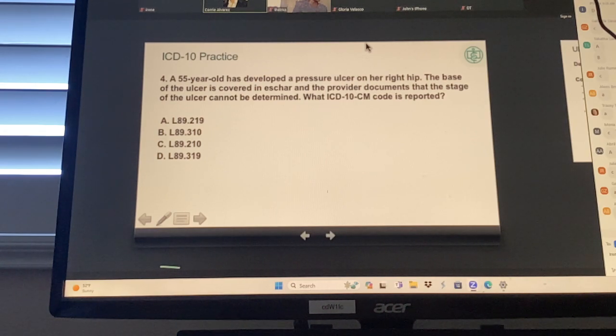And what happens with these ulcers is there are different stages. So you need to know the location of the ulcer and the stage of the ulcer. And so the answer is C here.